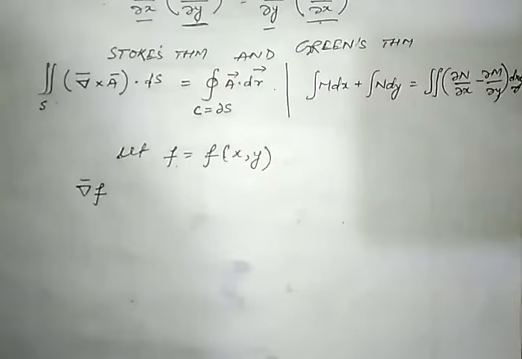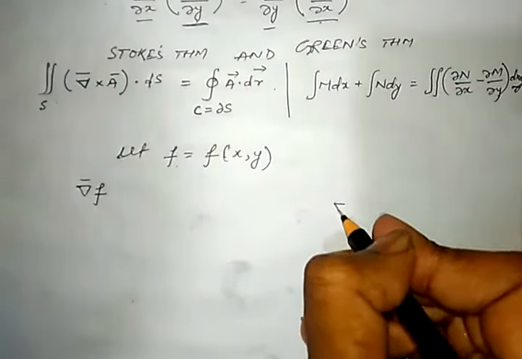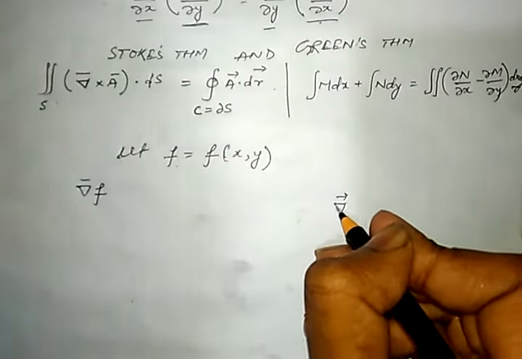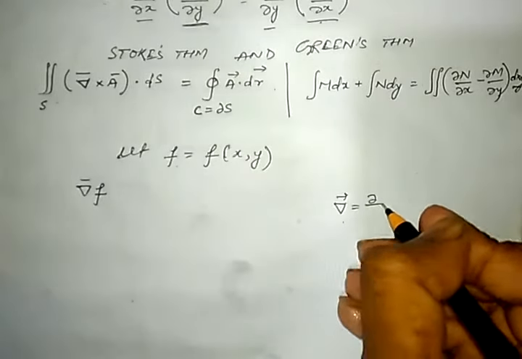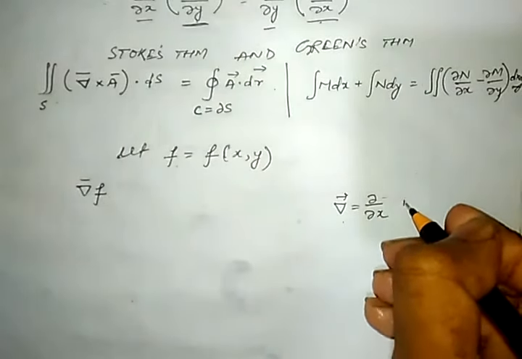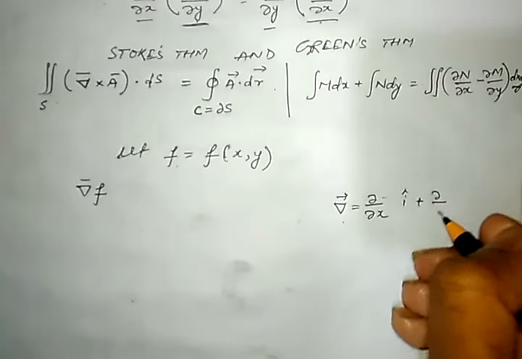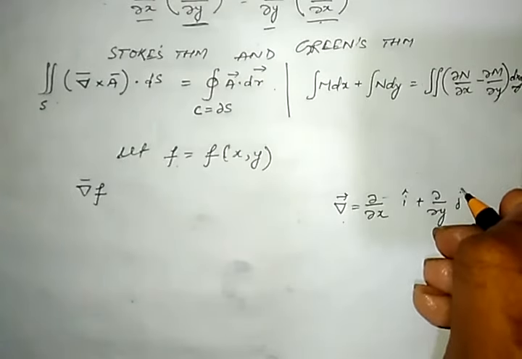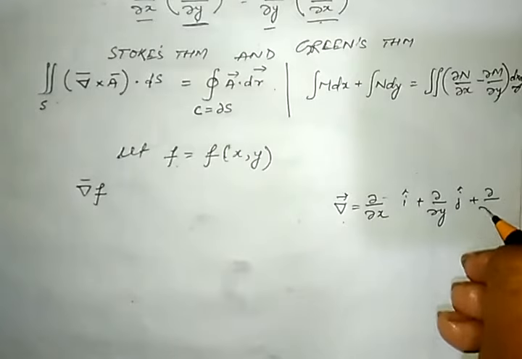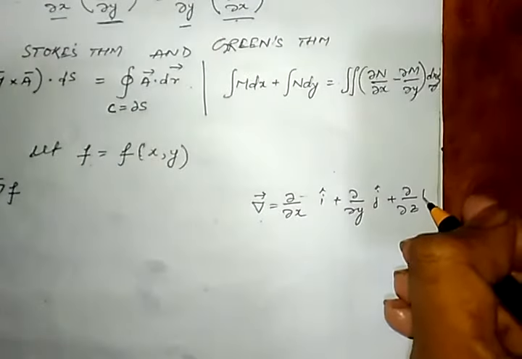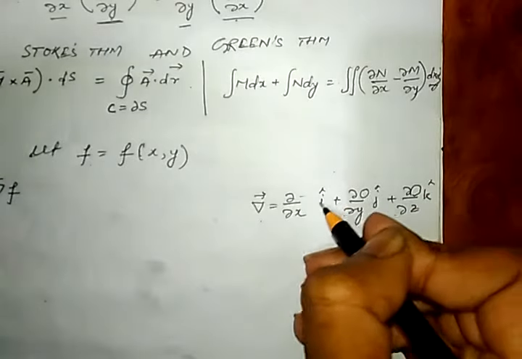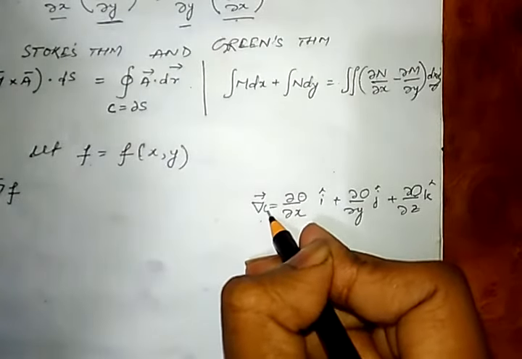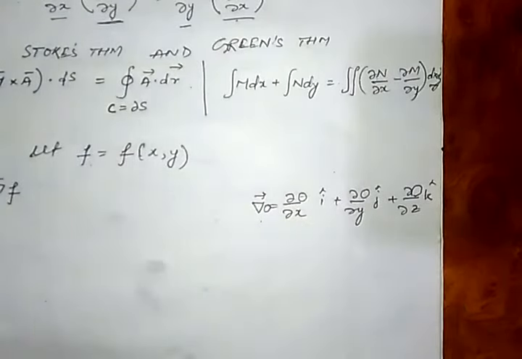The del operator is an operator, and it is ∂/∂x of something i cap plus ∂/∂y of something j cap plus ∂/∂z of something k cap. This part is empty, where we are going to put our function.